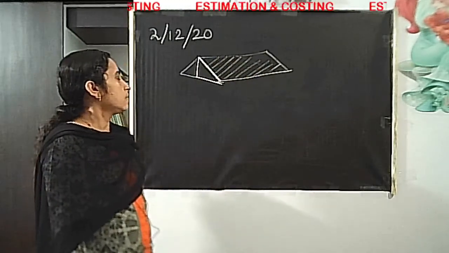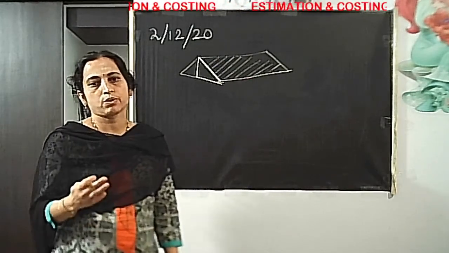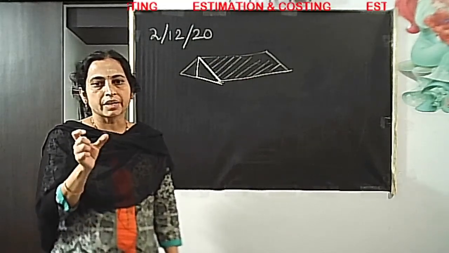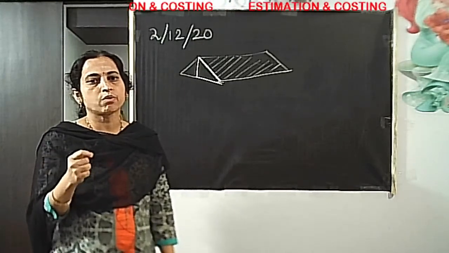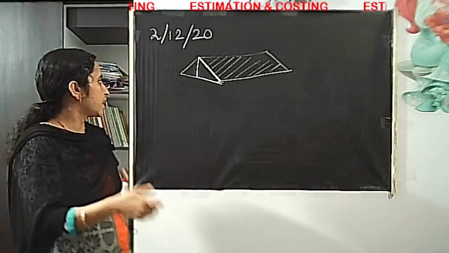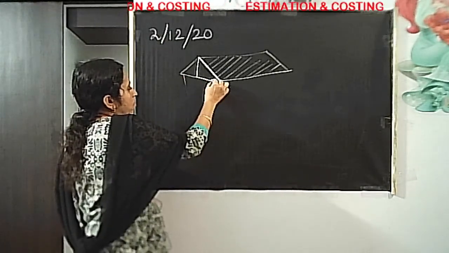Okay. In the next step, what I want you to learn is the brickwork and the plastering. So, what is the change in the brickwork? You have a wall like this.